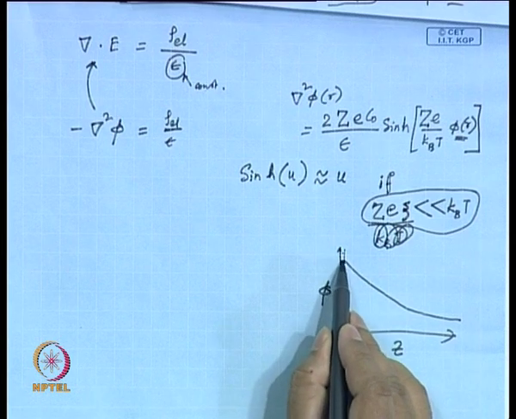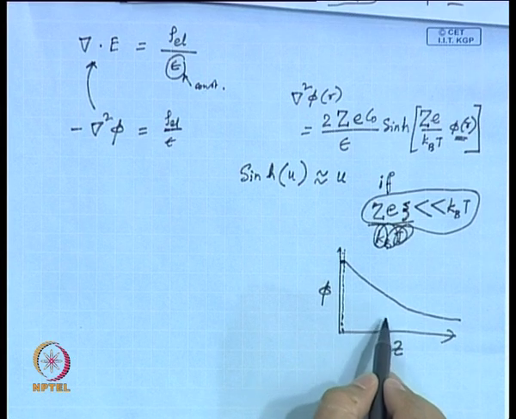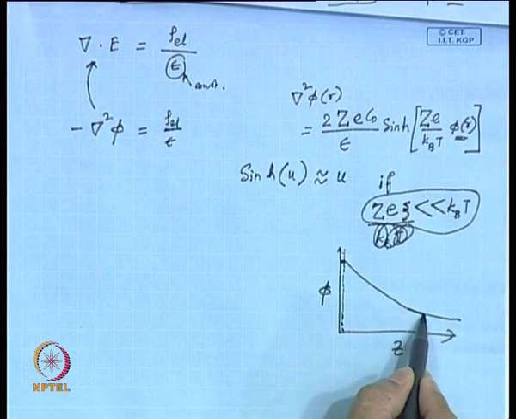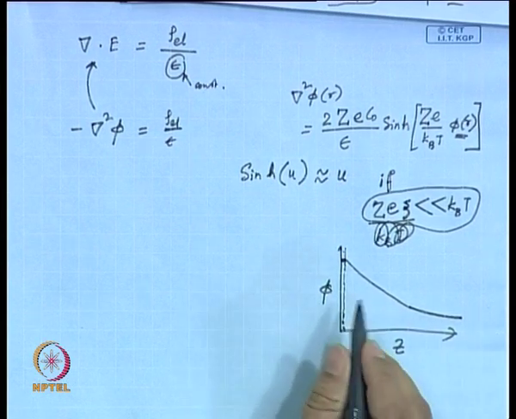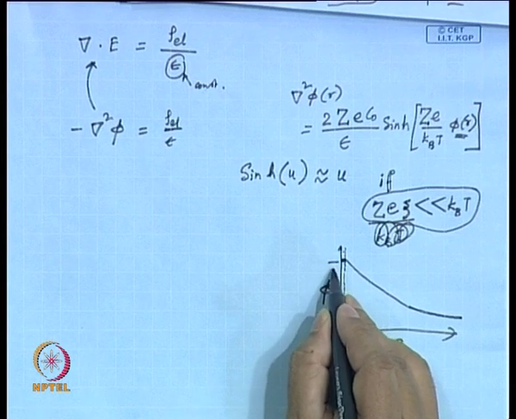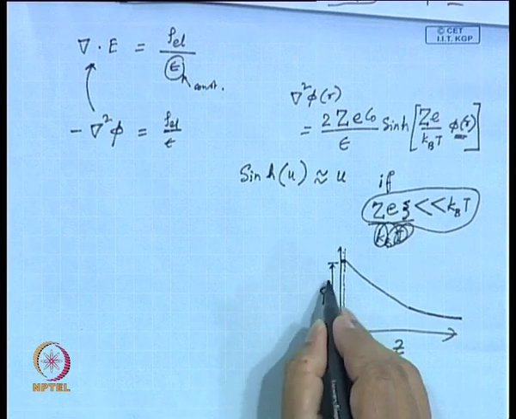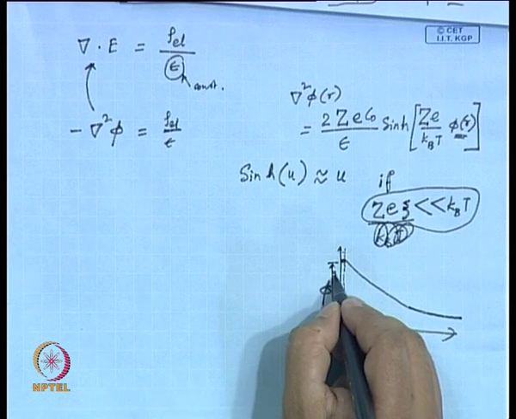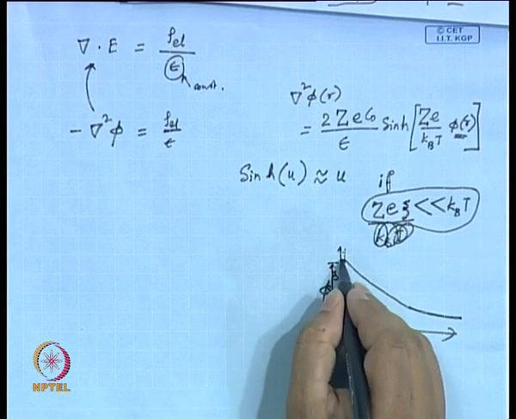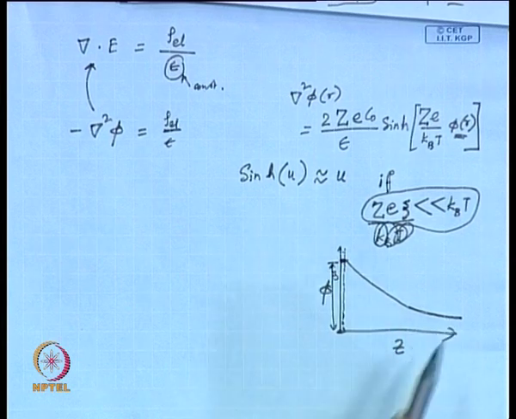Okay. And then we see that phi is decreasing like this, and at z equal to infinity, this will go down to 0. This particular value of phi is referred to as zeta. So, phi drops like this. I have not come up with an expression for phi yet.